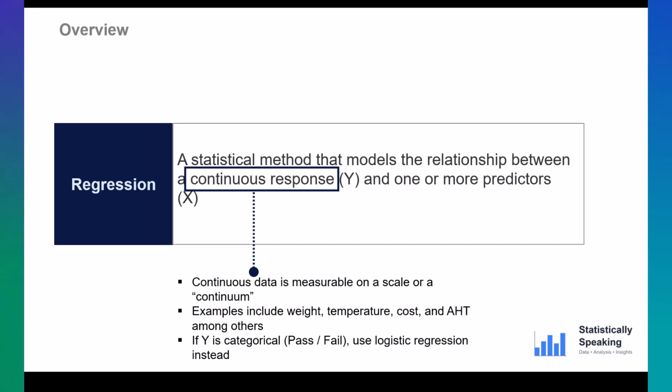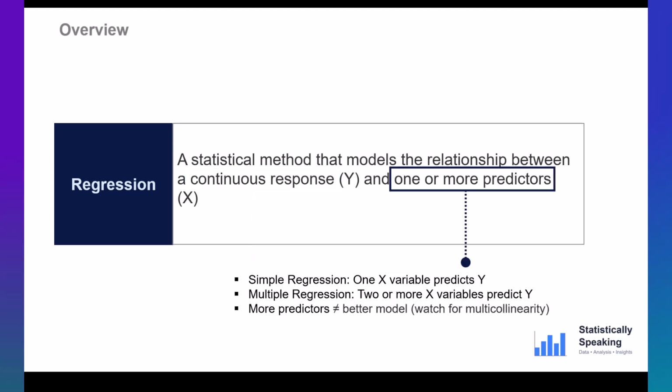So continuous data is anything that can be measured on a scale or a continuum. So things like weight, temperature, cost, and AHT, which will be our example, is a continuous response. If you have categorical data, then we could use logistic regression instead, but we are not doing that in this video.